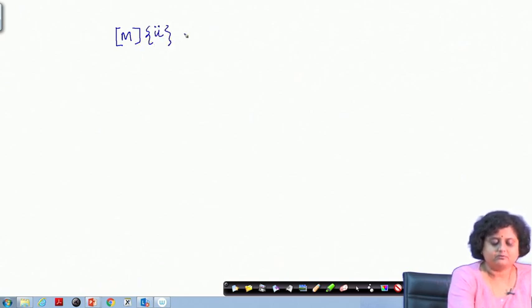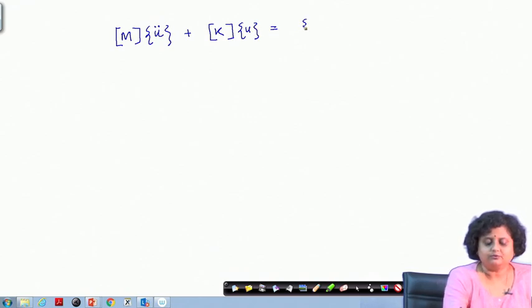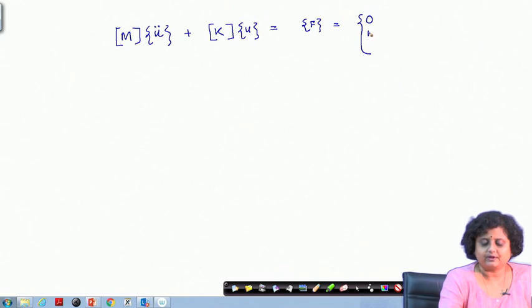Therefore, I have this equation m u double dot plus k u is equal to the force vector F. The force vector F is nothing but 0, F t and 0.